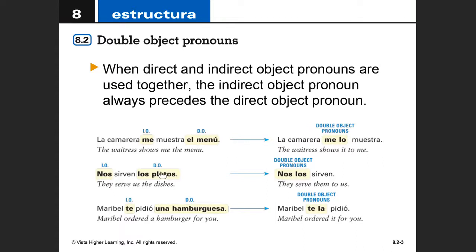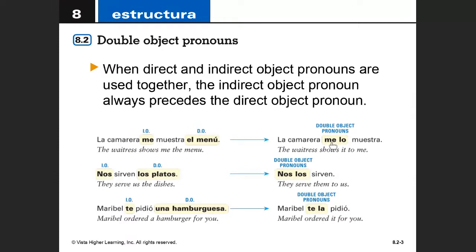And then objeto directo over here, second, replacing the item that we are describing in the sentence, right? And then we're going to have it over here. Nos los sirven. They are usually going to go together, and the verb is going to be after that, okay?